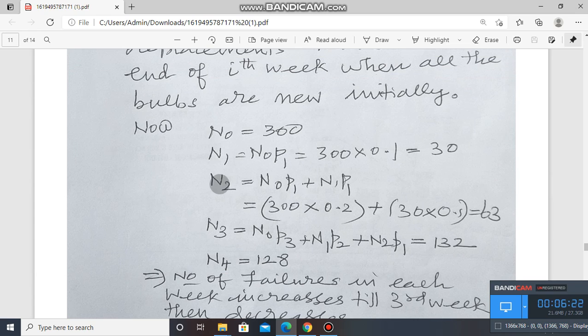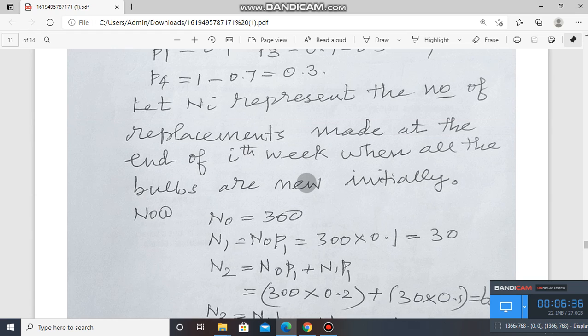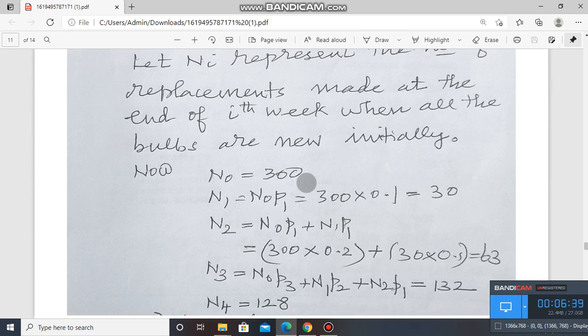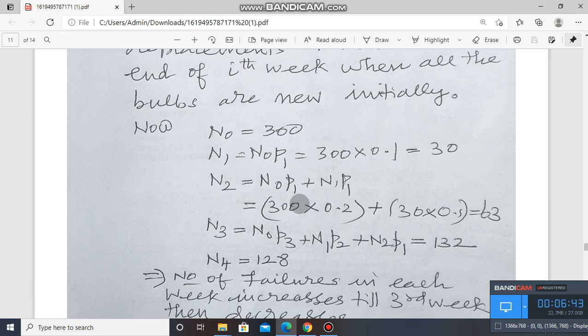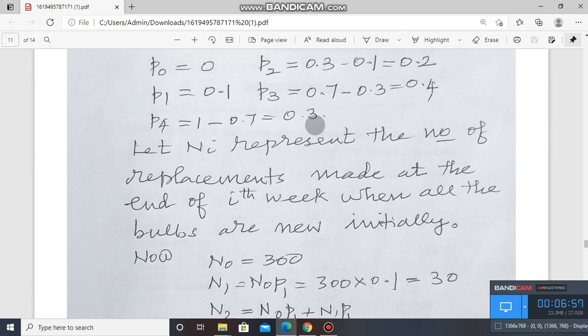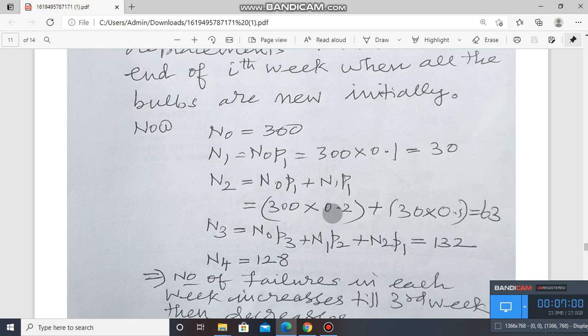Now N2 is N0 P2 plus N1 P1. Here P2 should come, not P1; there is a mistake in the slide. N0 is 300, P2 is 0.2, so 300 into 0.2, plus N1, which is 30 bulbs, into 0.1.